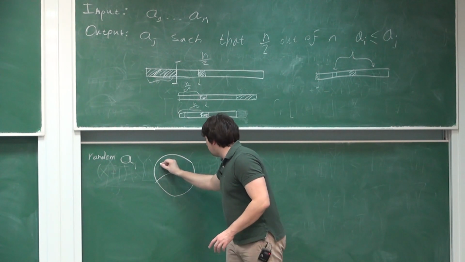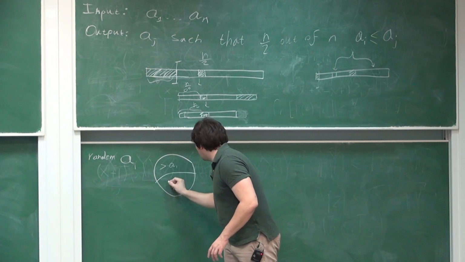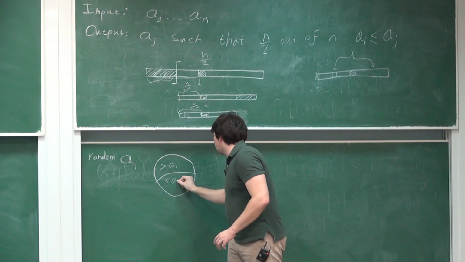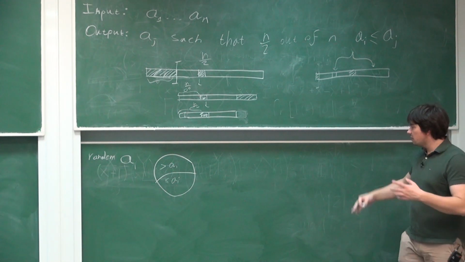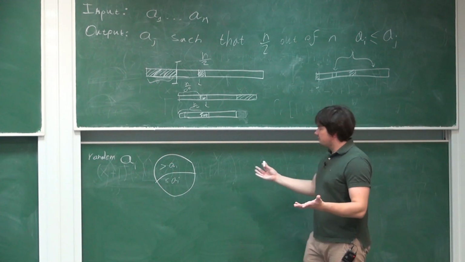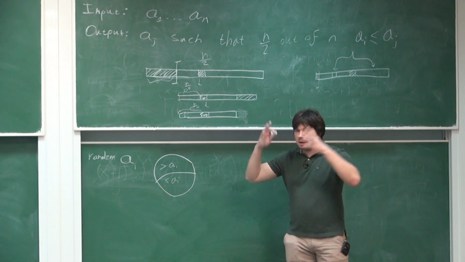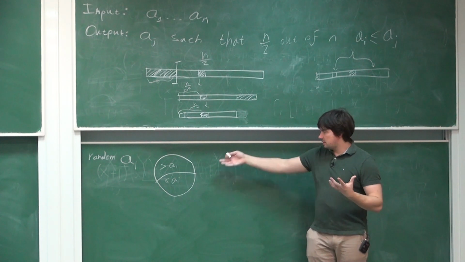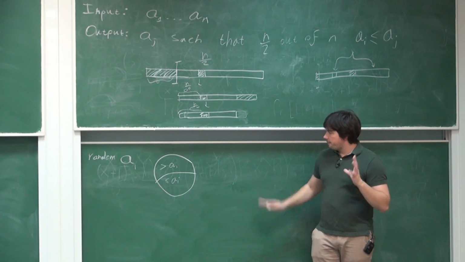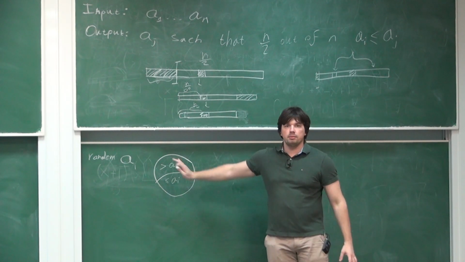Those who are more than ai and those who are less or equal to ai. Those are clearly two different possibilities. There was nothing else that can happen. So I have my bag split into two sub-bags, subsets. Okay, cool. And now I know the sizes of them.